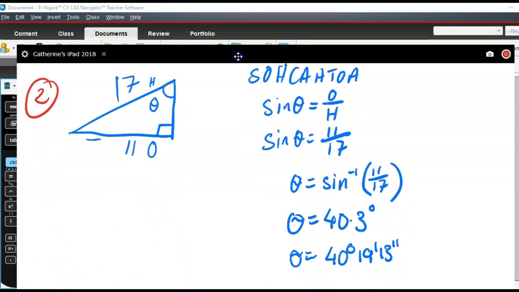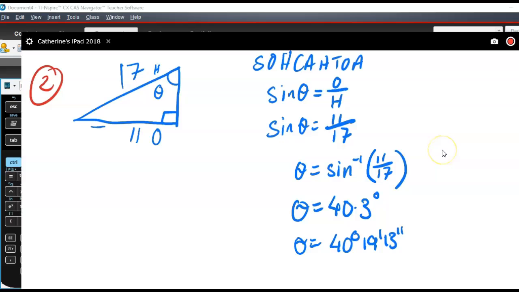Now, one thing to note, on some of the scientific calculators, they sometimes don't have the double quotation, they just use single, but I hope you can understand it.